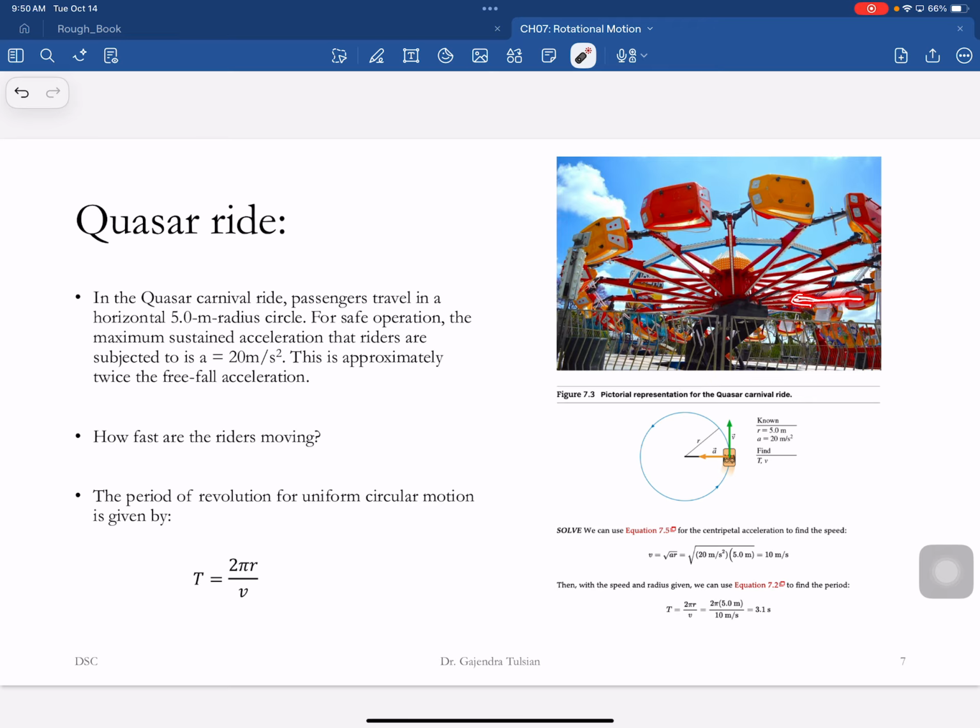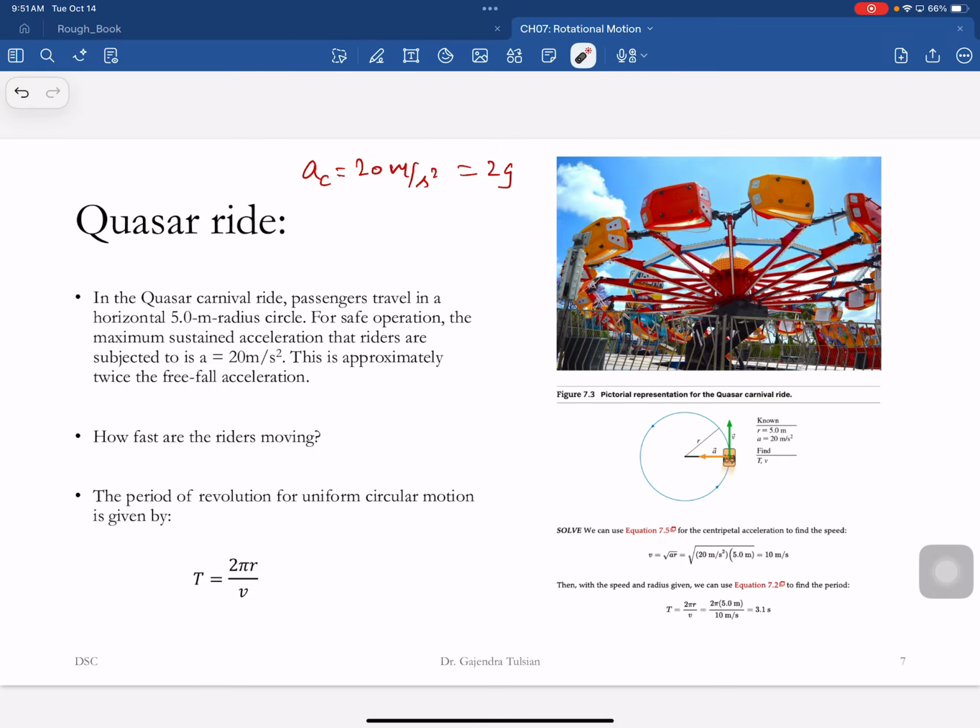So the acceleration towards the center, a, can be 20 meters per second squared, which is 2 times g. g is 9.810 meters per second squared. So what that means is the force on you is twice your body weight in that direction. And that's the exciting part of the ride. You're feeling a force that's twice your body weight, and there's gravity. So the total force on you is in that direction.